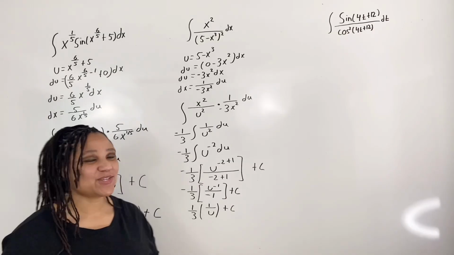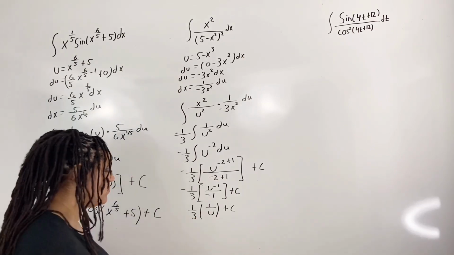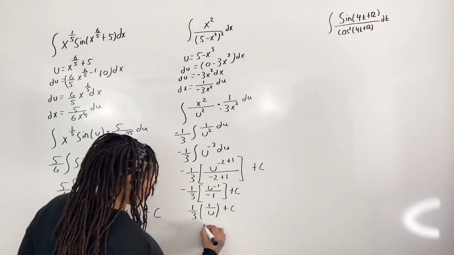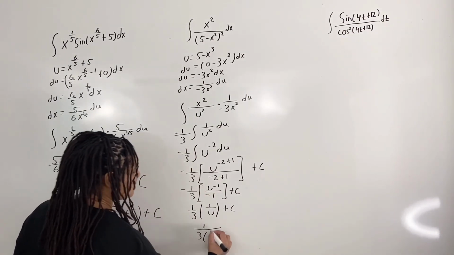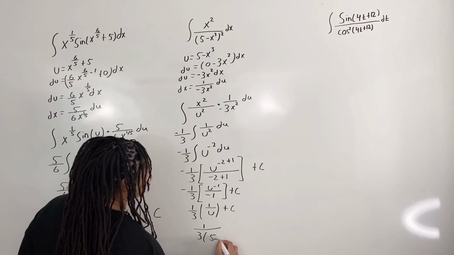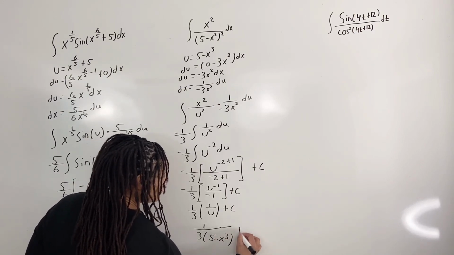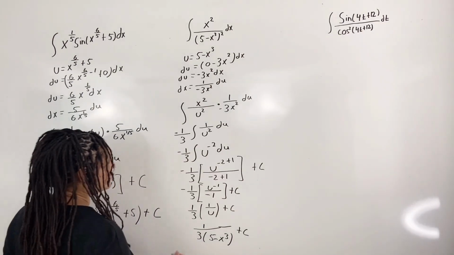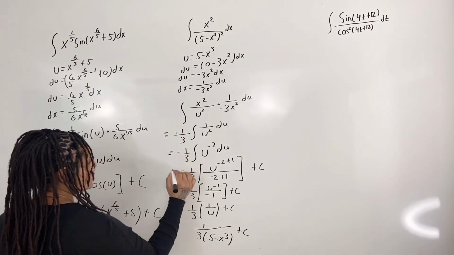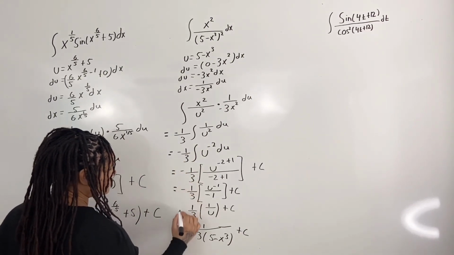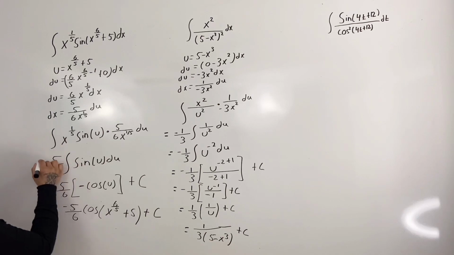And now I'm just going to replace my value for u. So we have 1 divided by 3 times 5 minus x cubed, plus c. And I'll just go ahead and include my equal sign, and I'll put it over here as well.